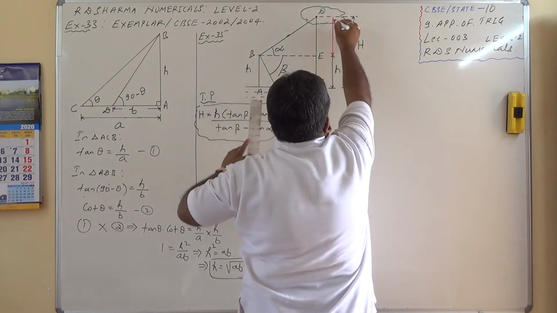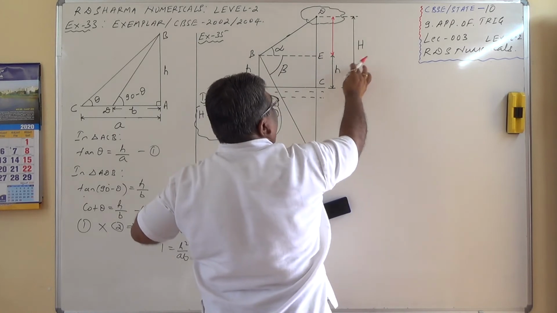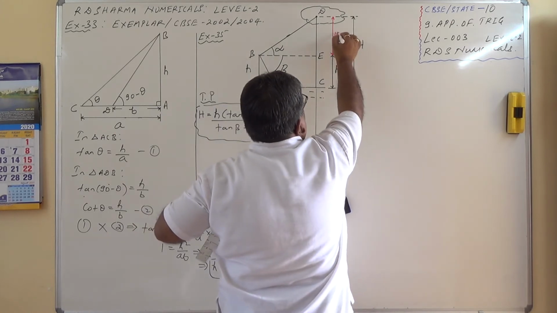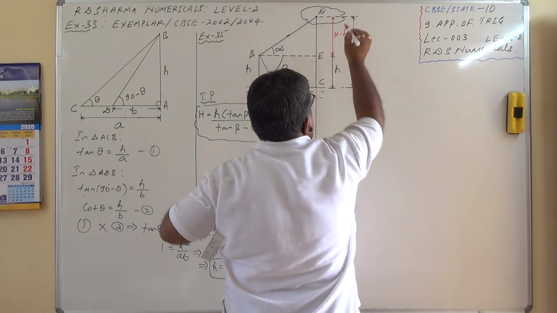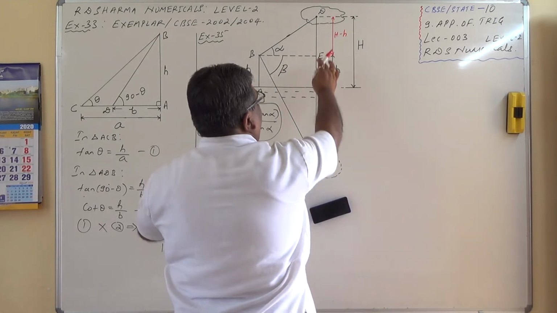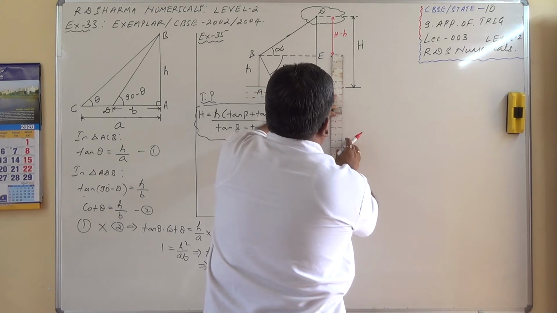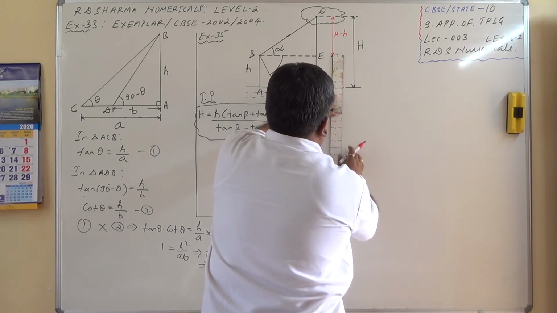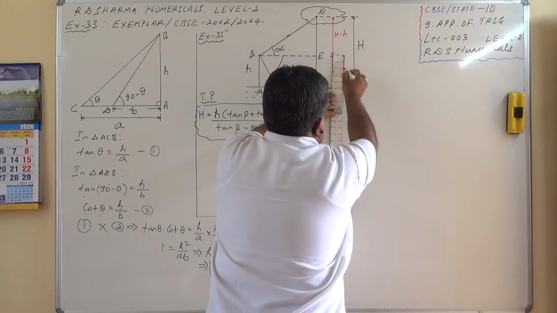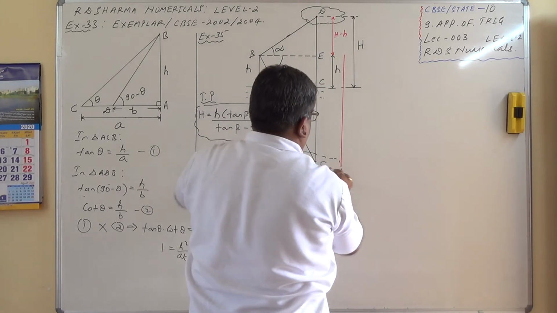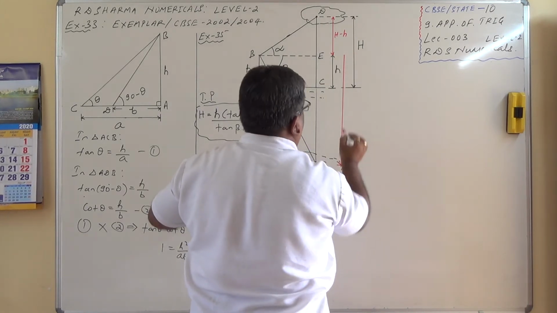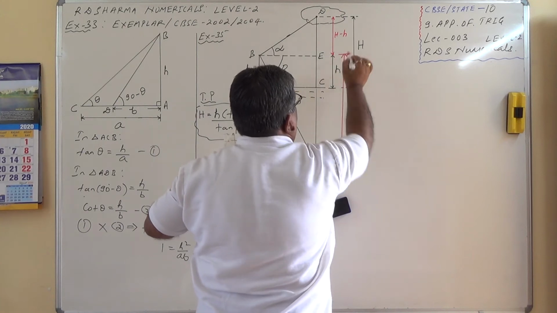This one is capital H minus h, and from here to here is the hypotenuse. Here I'll write, from here to here, this is the hypotenuse of the other triangle.